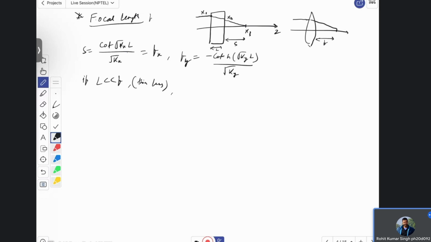Then, in this expression, we can write 1 by fx, and we have kx, tan inverse, because cot inverse is tan, and L is there, and we can divide and multiply by kxL, right?